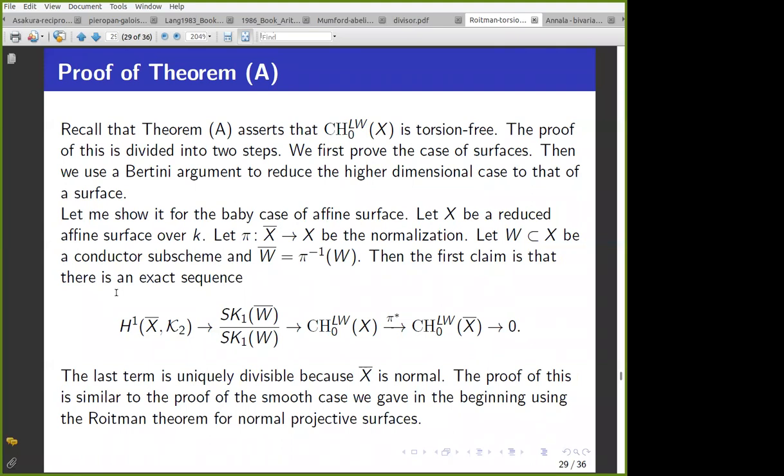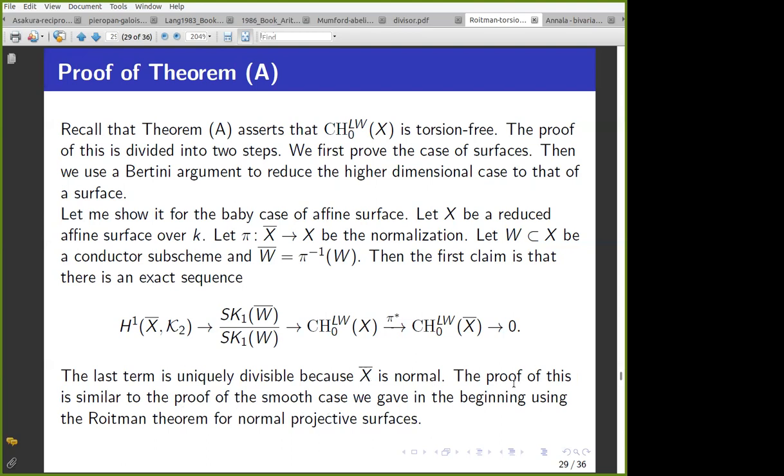Then the first claim is that there is an exact sequence like this, where this is the Zariski cohomology of K2 and this is SK1. Now, remember X bar is a normal surface, so it's uniquely divisible because it's normal.